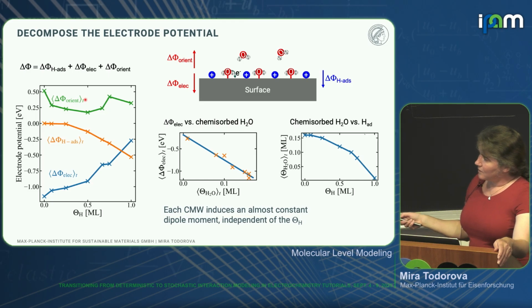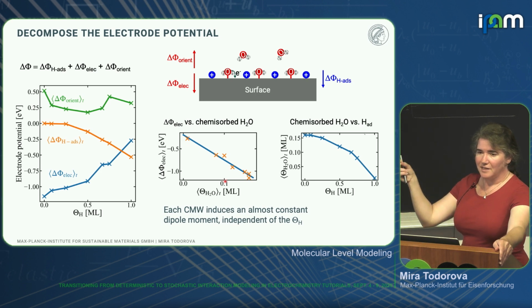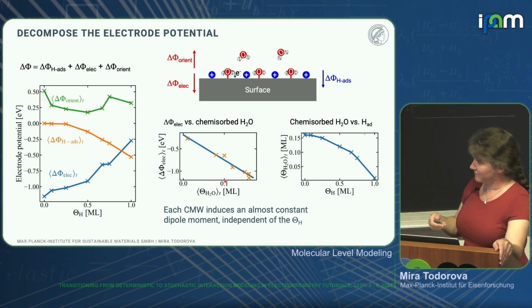If one looked at this chemisorbed water, we see how it changes as a function of the water coverage. We see that we have a linear behavior, which would mean that any water molecule that is adsorbed to the surface will contribute the same kind of electronic charge to the surface.